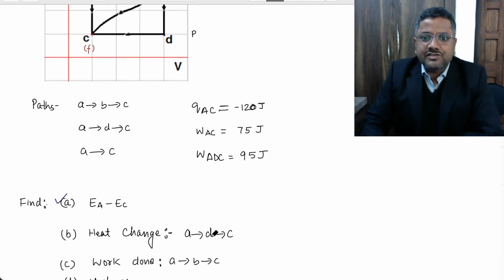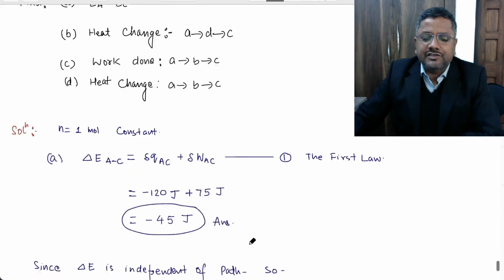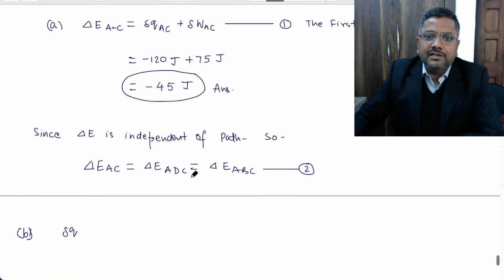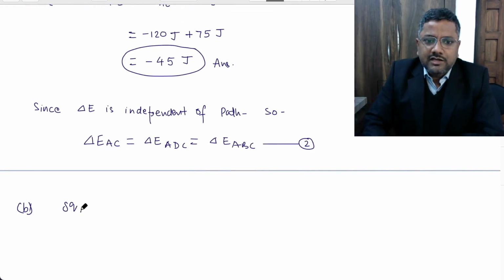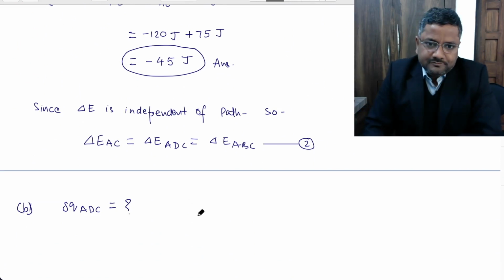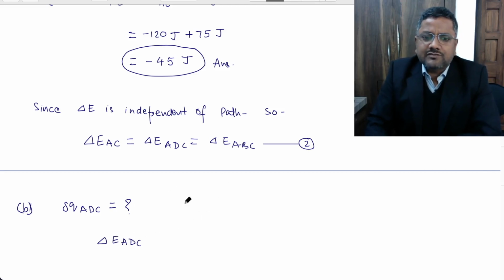Now, second, the heat change in ADC. So, part B: the heat change delta Q ADC we have to find out. Okay, no problem. For delta E ADC, again apply the thermodynamics first law.